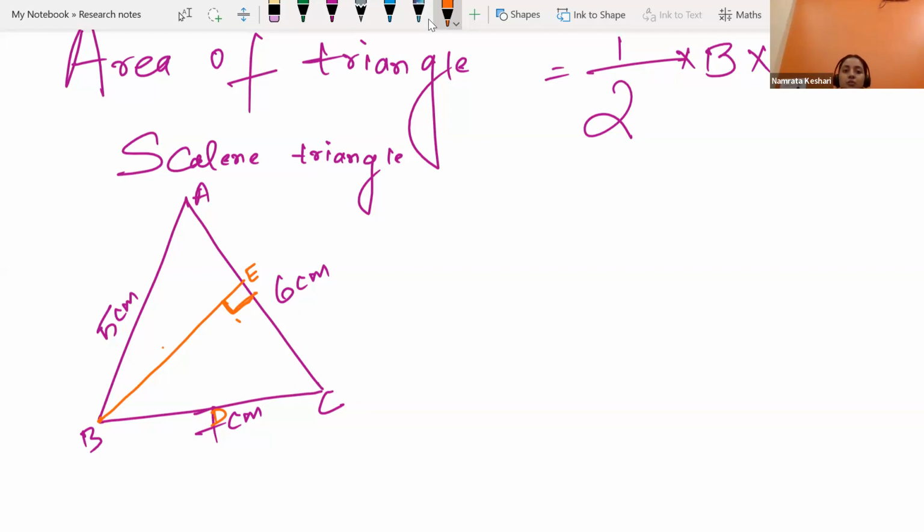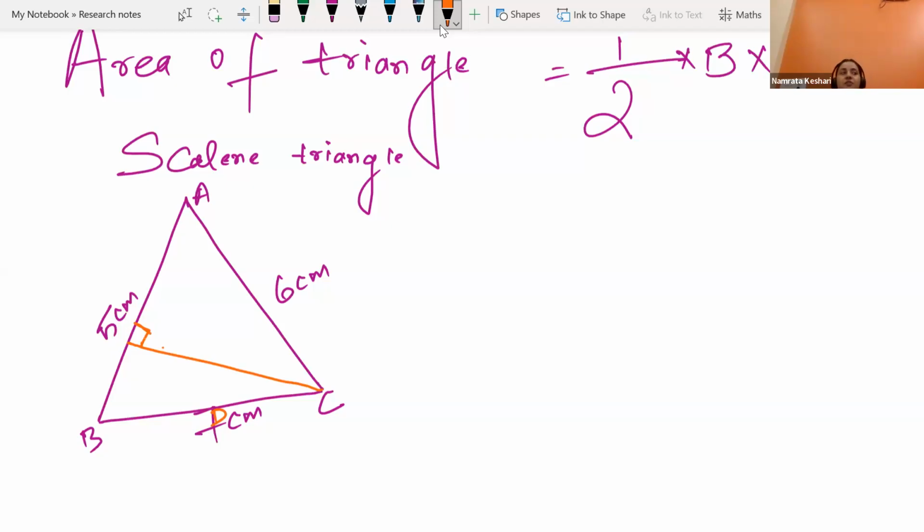You must know it. Now if we drop height from the vertex C, then the base will be AB, which is 5. So the side on which you are dropping the perpendicular, that is called base.